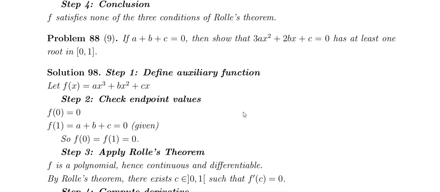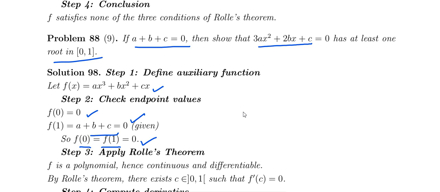Here, a plus b plus c equal to 0, that is, 3ax square plus 2bx plus c equal to 0 has at least one root in the closed interval 0, 1. Looking at the end points, f of 0 and f of 1 are both 0, since it is given.